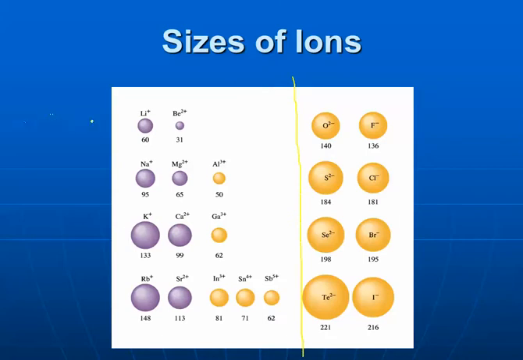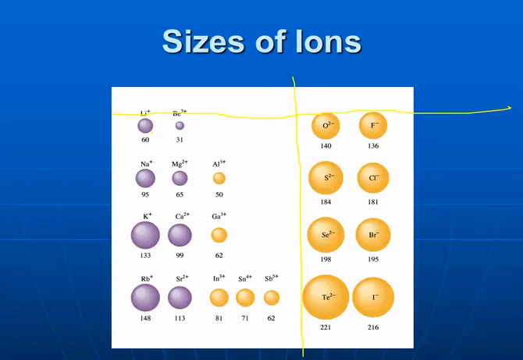Because if you look straight across in the periodic table, if you can follow here, if you go across, yes, the ions get smaller and smaller, but then when you reach those nonmetals, you get a huge jump in size. So when you are comparing sizes of ions, you do need to divide them to metals and nonmetals. They both have the same trend, but the trend does not continue across the table.